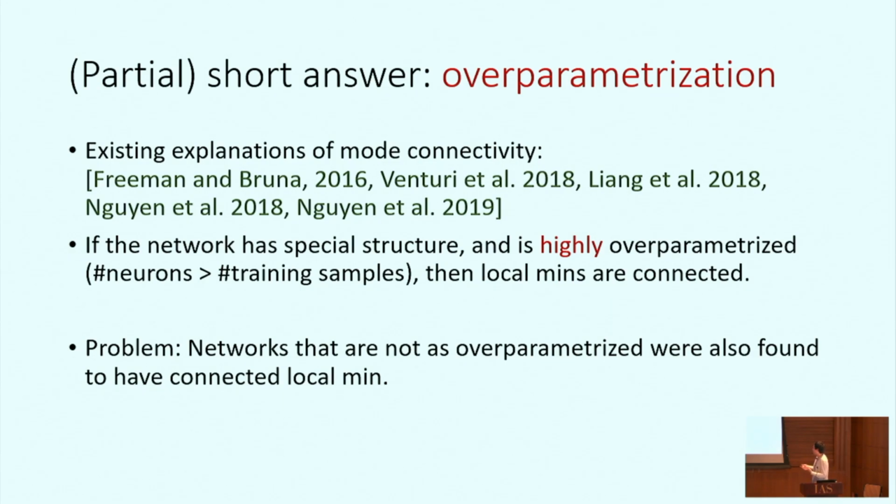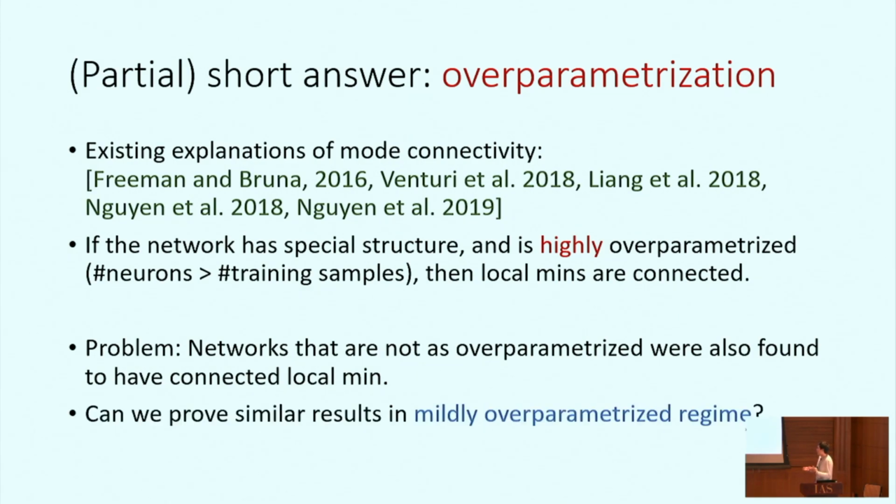But neural networks in practice were also found to have connected local minima. So the problem we are trying to answer here is, can we prove a similar result in a mildly overparametrized regime? By mildly overparametrized regime, I vaguely just mean the number of neurons is smaller than the number of training samples, at the very least.